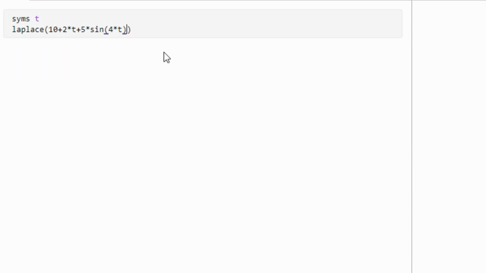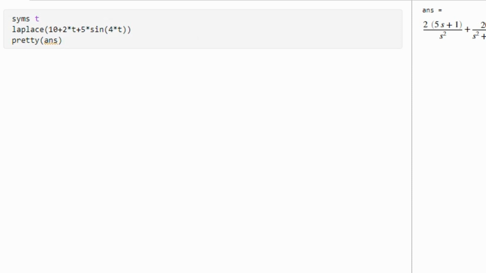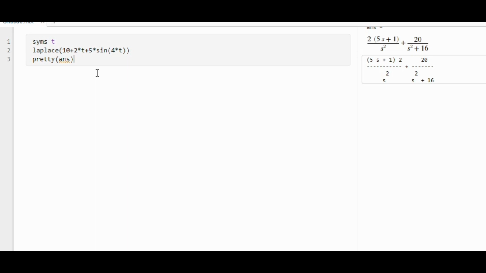After that press the enter button, and you can find the solution. Before seeing the solution you will write pretty answer, and now press the enter button. Now we check what the answer is. So this is your answer and code.